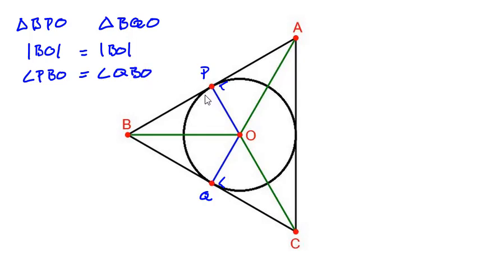Now, because this angle is 90 degrees, and this angle is 90 degrees, and this angle here, PBO, is equal to this angle here, QBO, then the angle BOP must be equal to the angle BOQ. So we can say the angle POB is equal to the angle QOB.